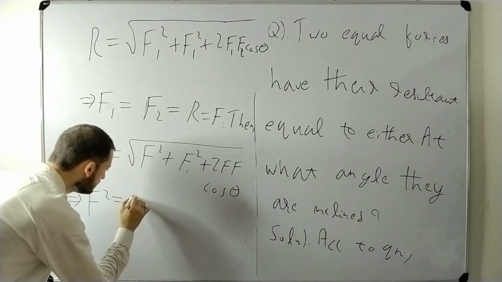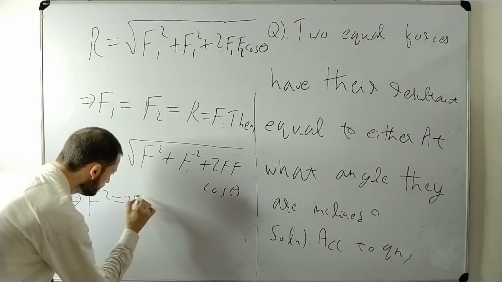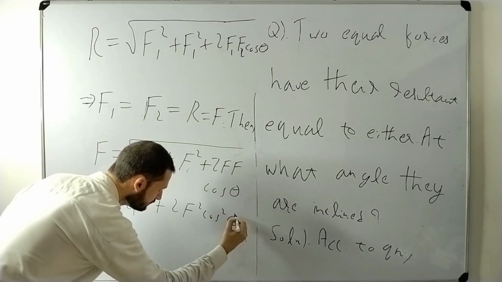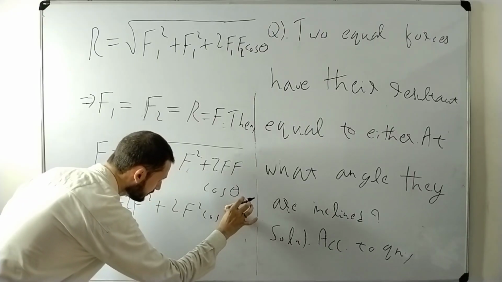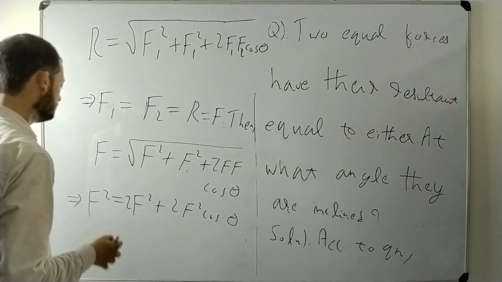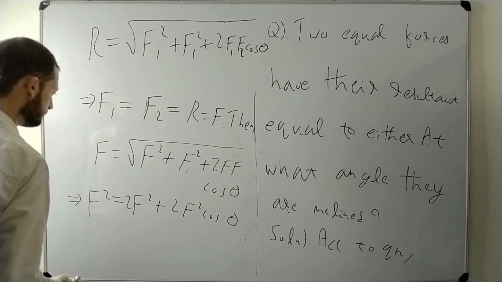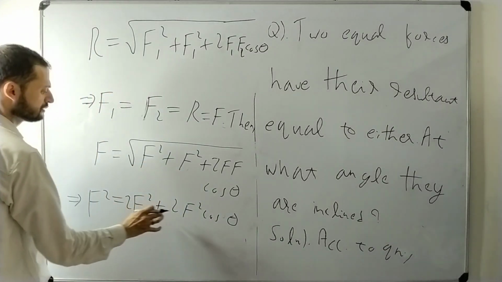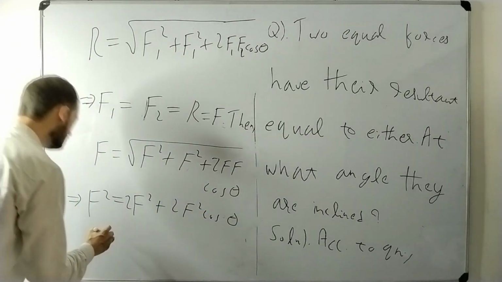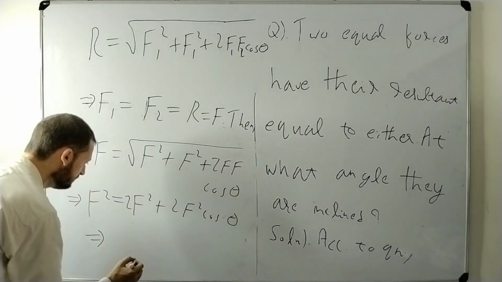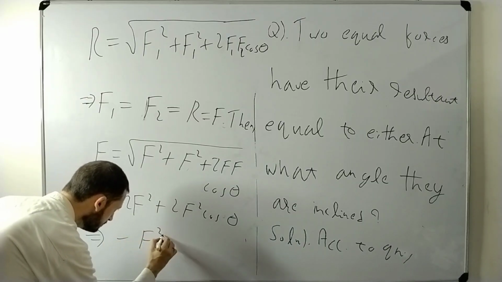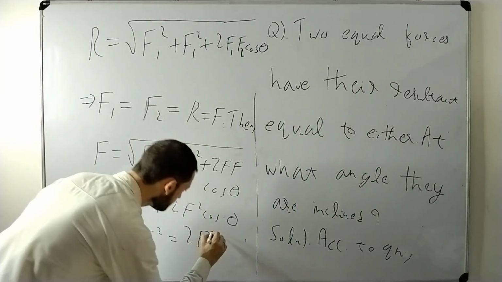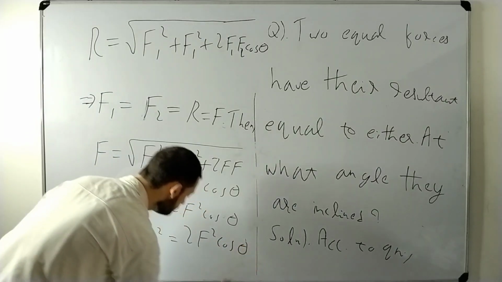Squaring both sides, F square is 2F square plus 2F square cos theta. Here F square plus F square, 2F square, this is 2F square cos theta. Then this becomes minus F square equals 2F square cos theta.